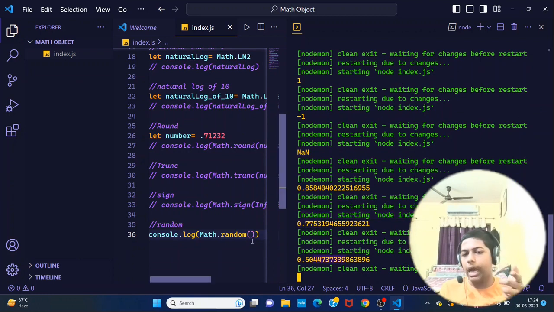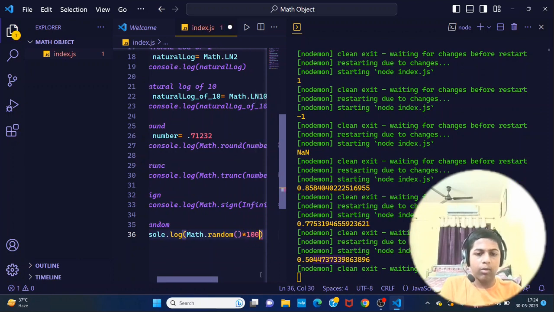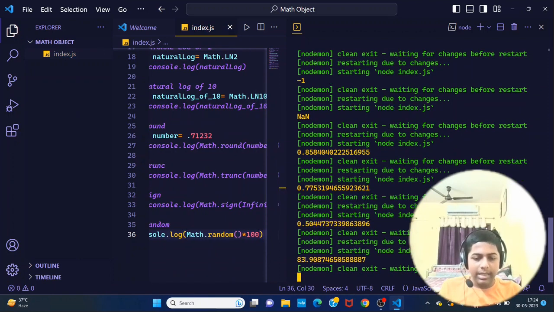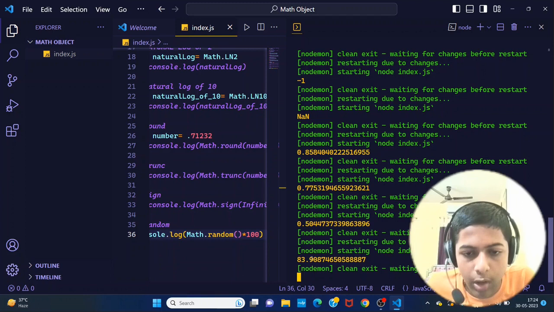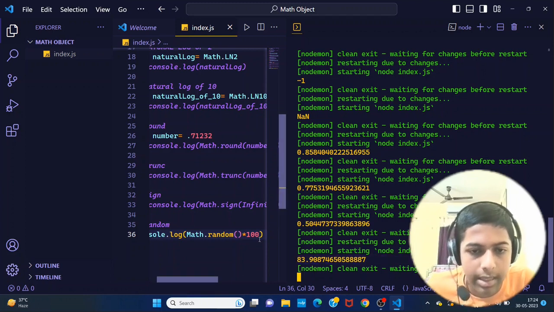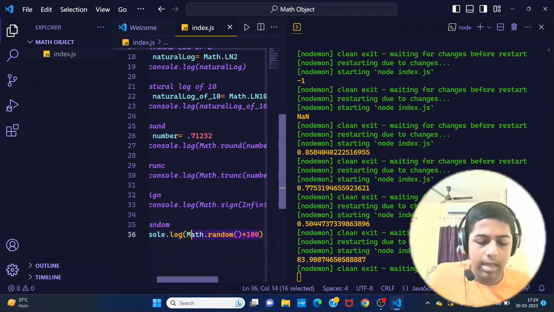But how can you get a random integer by using this? Simply multiply the whole thing by 100. You'll get 83 as the integer part. Now you can just extract this 83, or you can round off. So there are two methods.